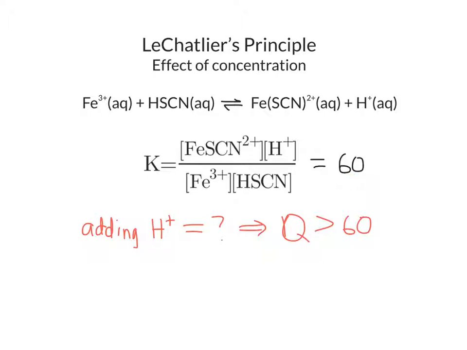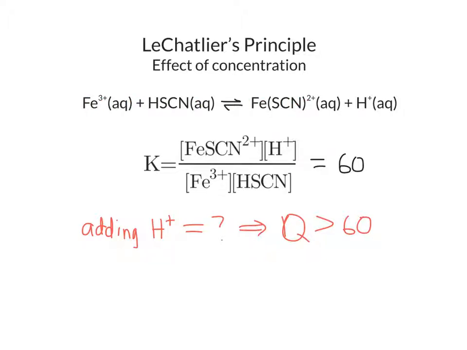So the only way to do that is to reduce the number of products and make more reactants. So in other words, we need to use up the products and make reactants, and we need the reaction to go in the reverse direction.